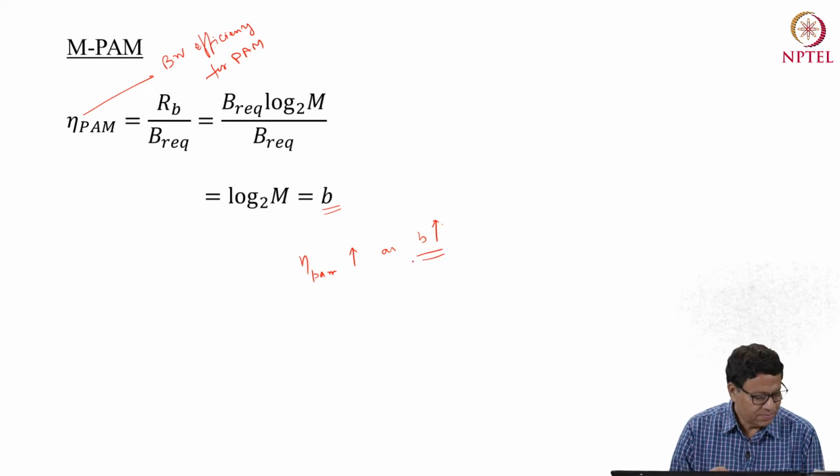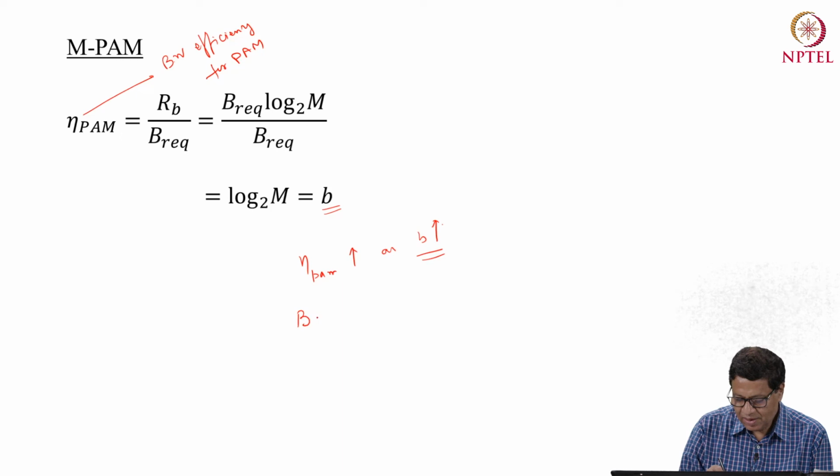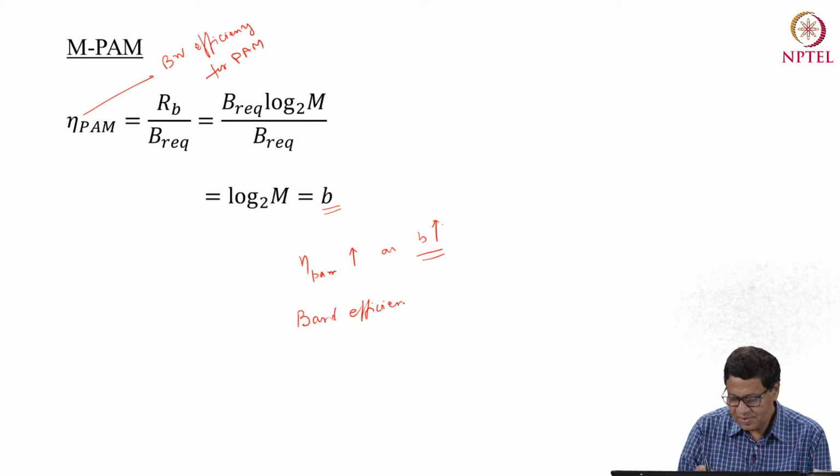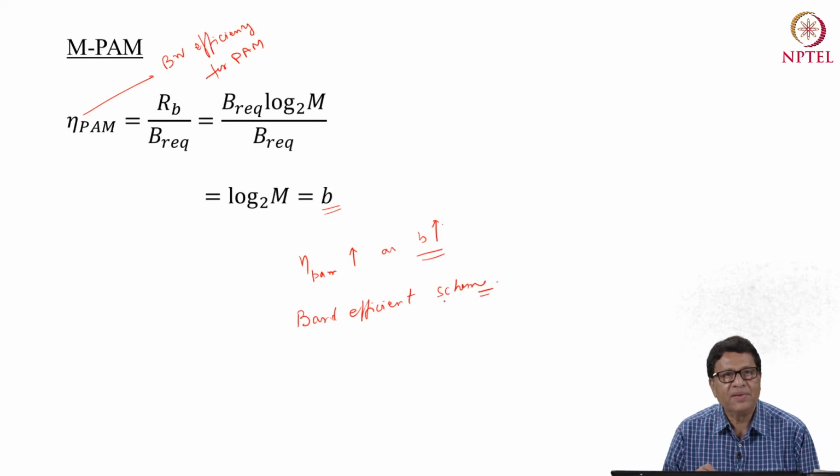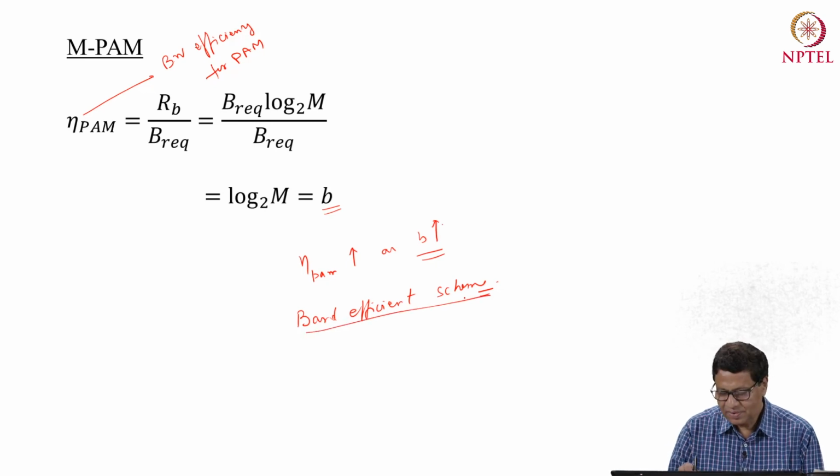So it is a bandwidth efficient scheme. If you want better bandwidth efficiency, one can increase the value of B, the number of bits, and get a good bandwidth efficient modulation scheme.